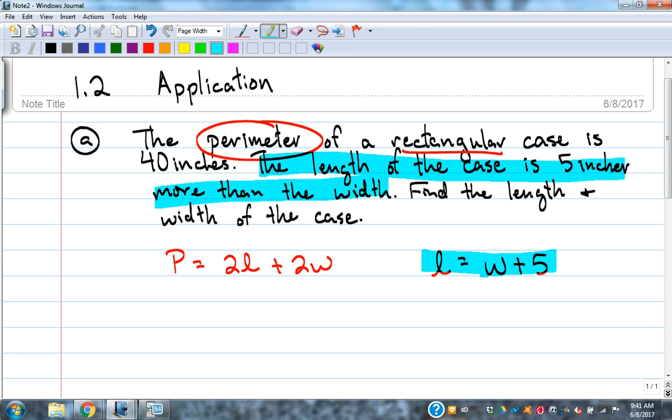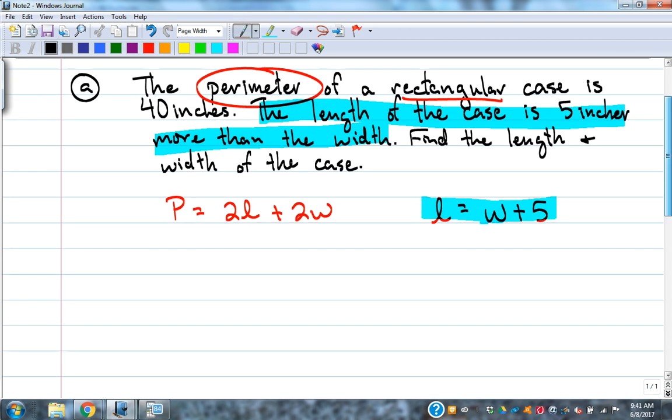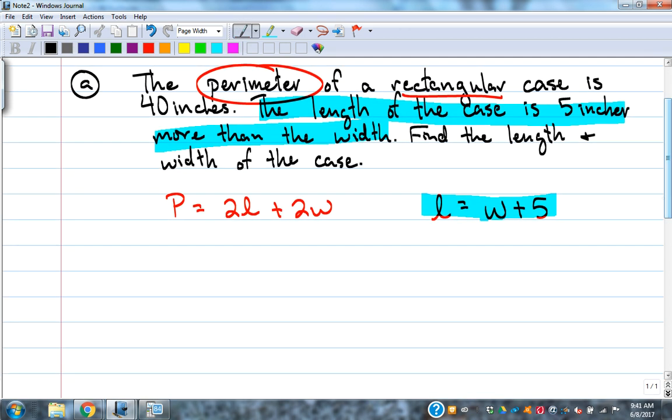So I'm just breaking down this word problem. And so that means that I can take all this information that the perimeter is 40 inches. So I can replace the perimeter P with 40. And the length is W plus 5.